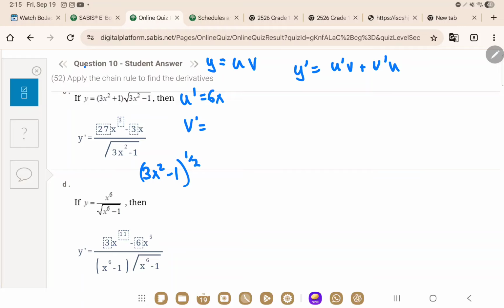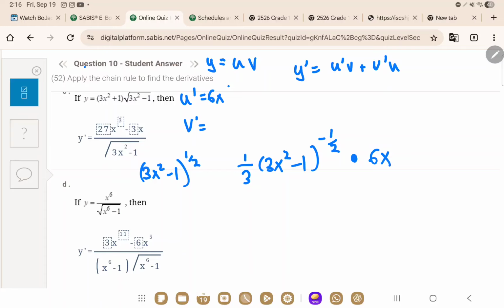So to do this, we have u as 3x squared minus 1, and the power a as half. This is u inside the brackets and a is outside. So now we do half times 3x squared minus 1 to the power negative half, because it's half minus 1, which is negative half, times u prime, which is 6x.